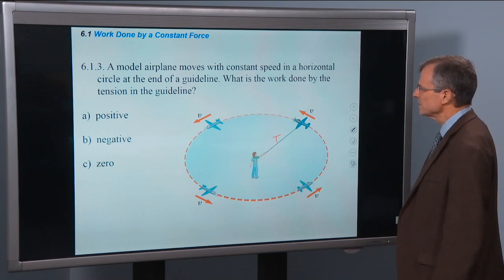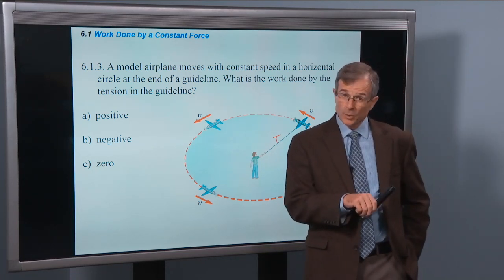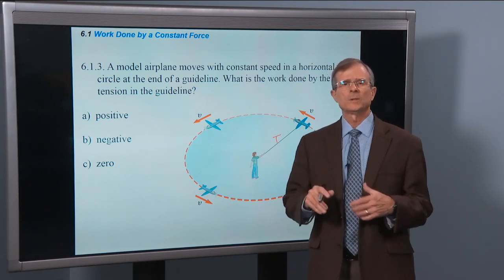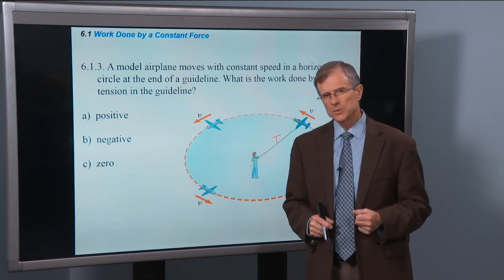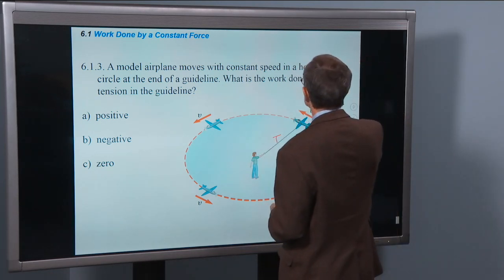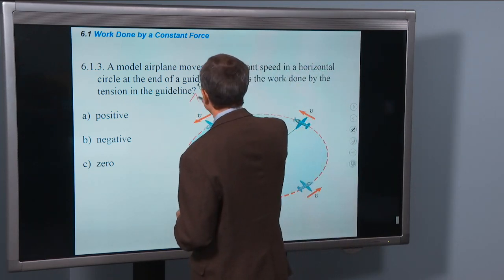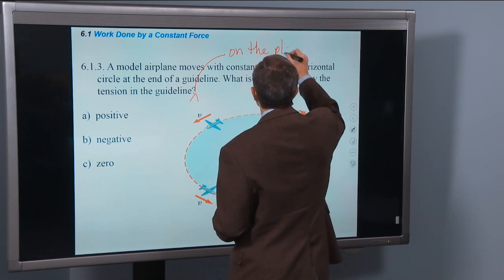Well, what's the work done by the tension in the guideline? And when we talk about the work done, we need to talk about the work done on what? In this particular case, we're talking about the work done on the plane by the tension in the guideline on the plane.